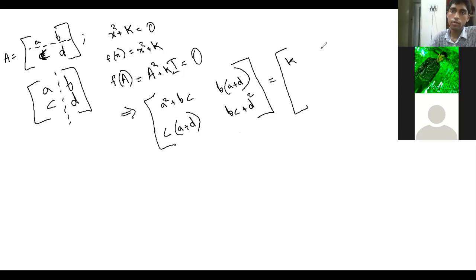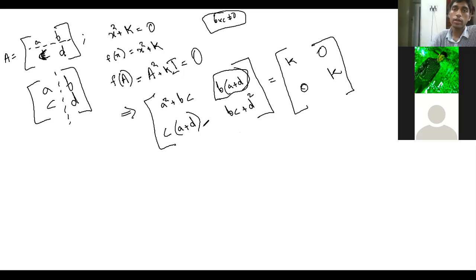K 0 0. And in the question it is told b into c does not equal to 0. Very interesting. b into c does not equal to 0 means neither b is 0 nor c is 0. That means in this equation if b is not 0, then necessarily a plus d is equal to 0.